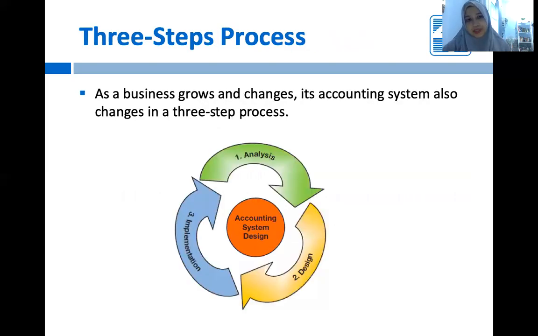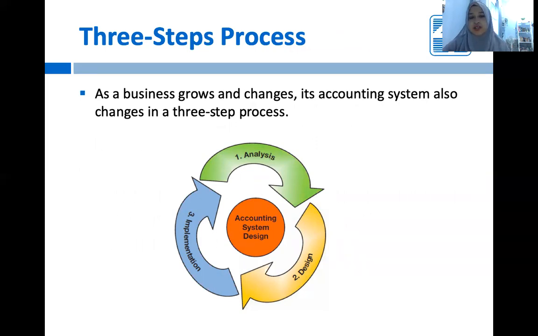That's why in designing an accounting system, as the business grows and expands, the accounting system also needs to be improved, adapted, and changed to fit the business growth and development.